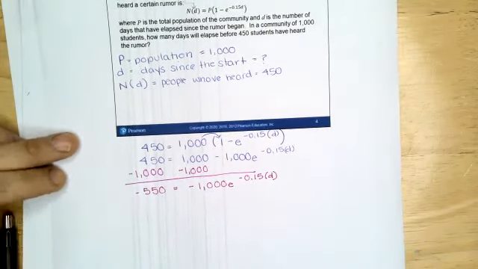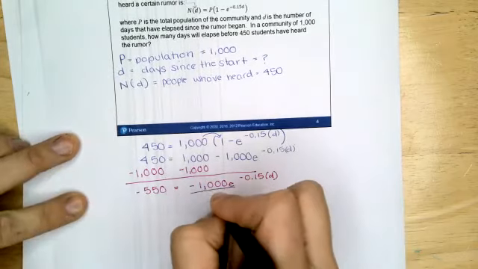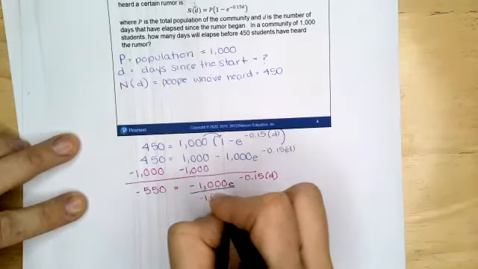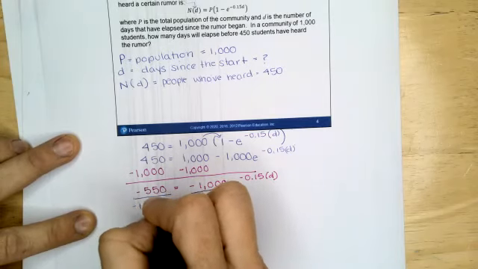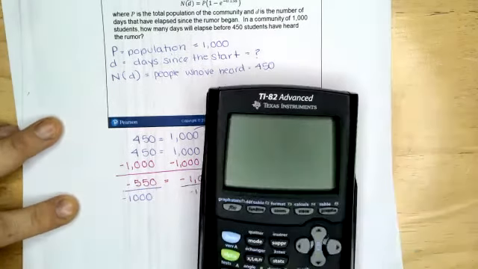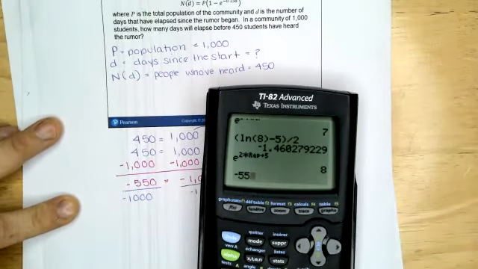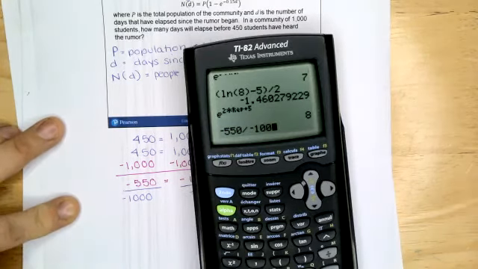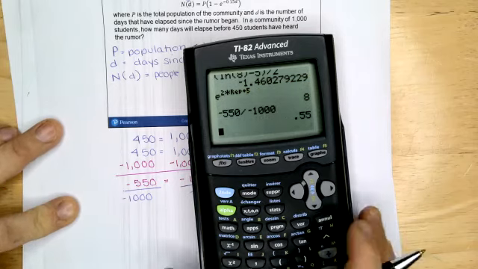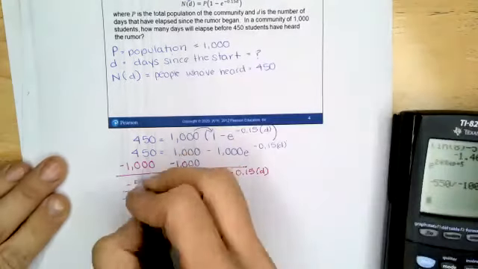Good. Now I will divide both sides by the negative 1,000. Negative 550 divided by negative 1,000 is 0.55 positive.